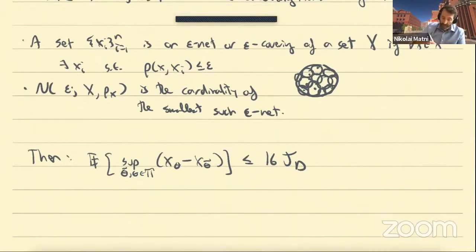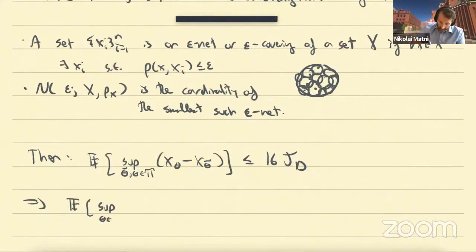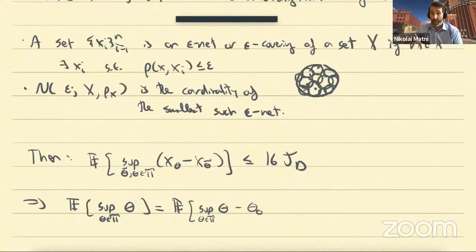An important implication of this is you can also get just a one-sided bound in the sense that I can write the expected supremum over theta in T of X theta. This is equal to the expected value of the supremum over theta in T of X theta minus some X theta 0. The X theta zeros are zero mean, right? So I'm just basically adding 0 in here.